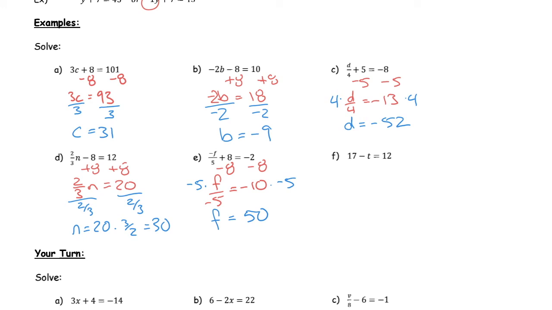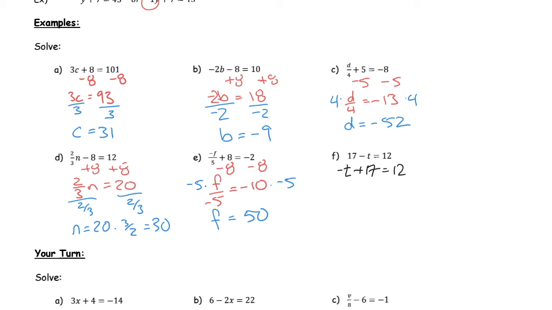For this one right here, notice that they've written that in kind of a weird order. Don't really like to see the negative back there. So what I'm going to do is just change the order. Instead of making it 17 minus t, I'm going to make it negative t plus 17 is going to equal 12.